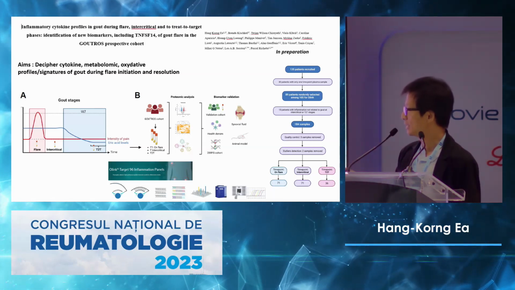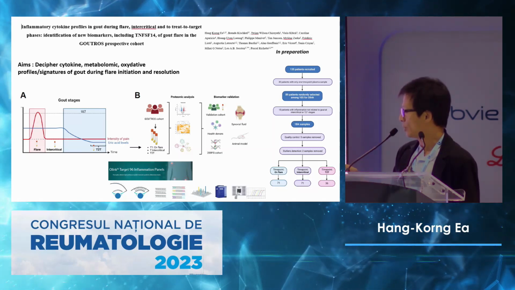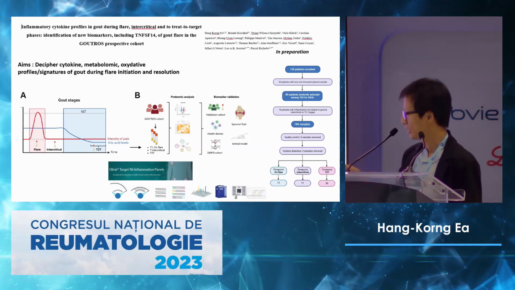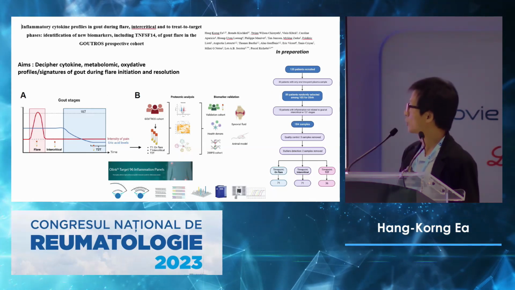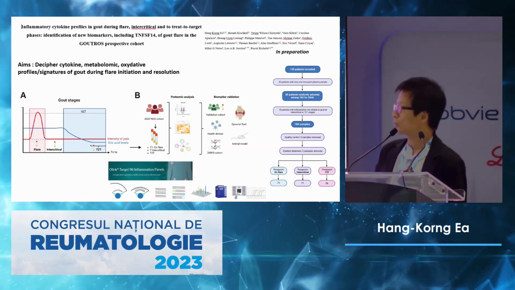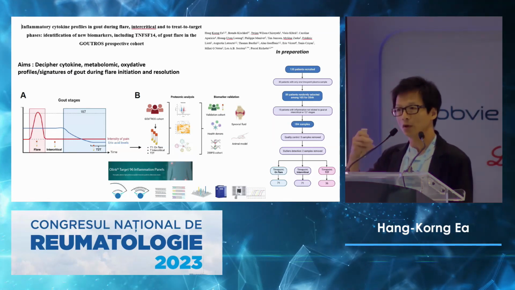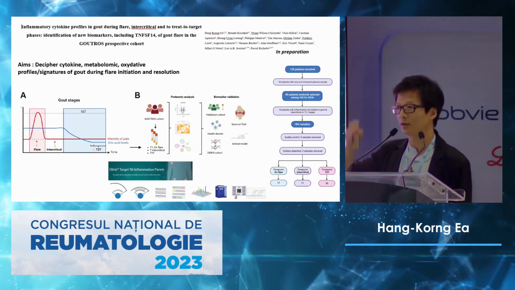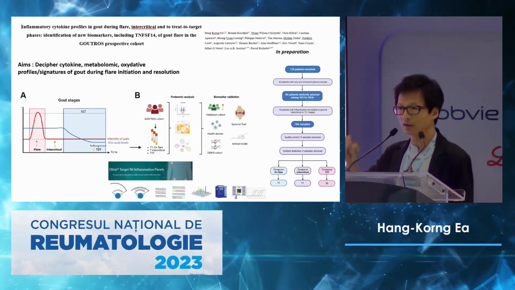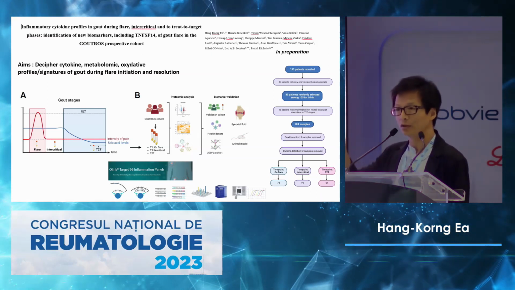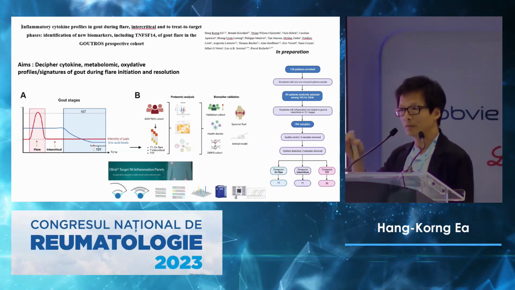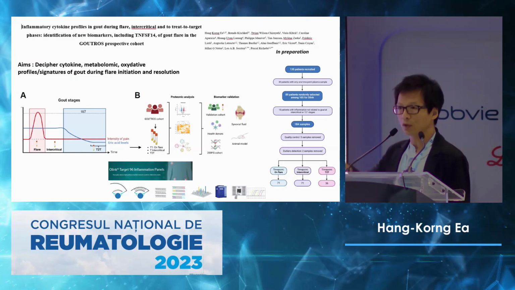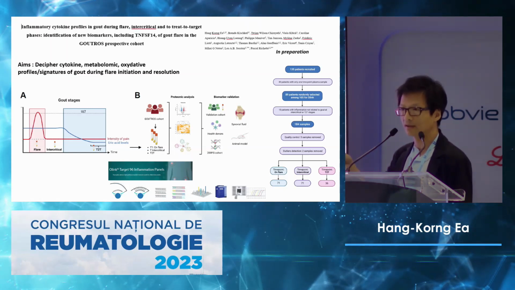So what we did is that we performed a prospective cohort in Lariboisière Hospital that we call the Gout cohort. In this Gout cohort, we follow the patients from the onset of the disease. When the patient flares, we have a blood collection, then a new blood collection before the initiation of ULT, and the third one after reaching the target of ULT.